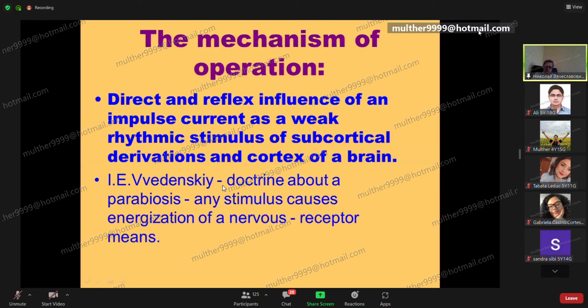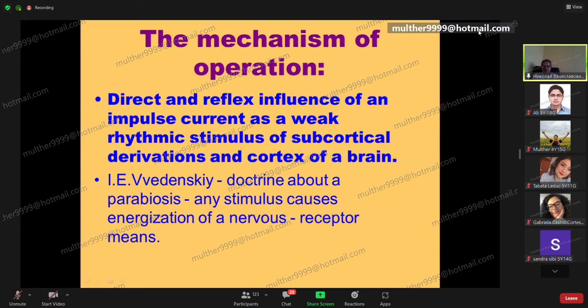So, by inhibition of cortex activity, we can simulate and stimulate the process of parabiosis, deep rest.